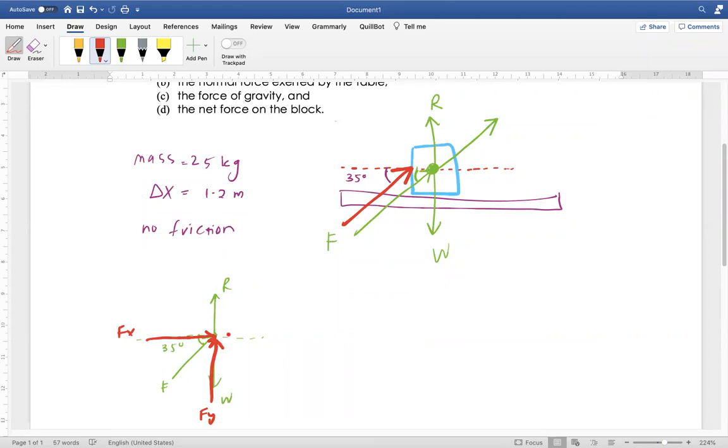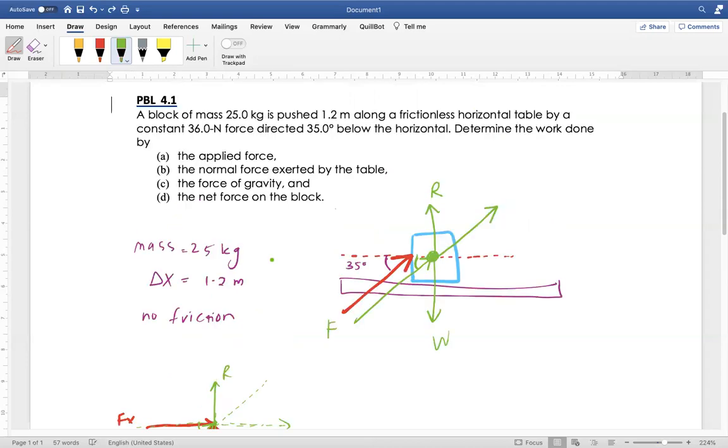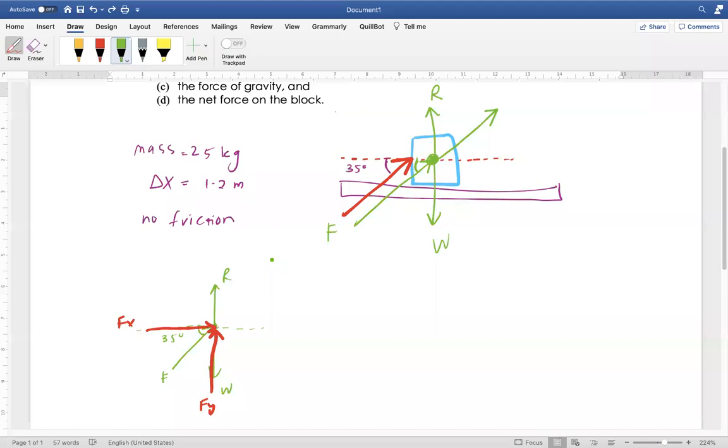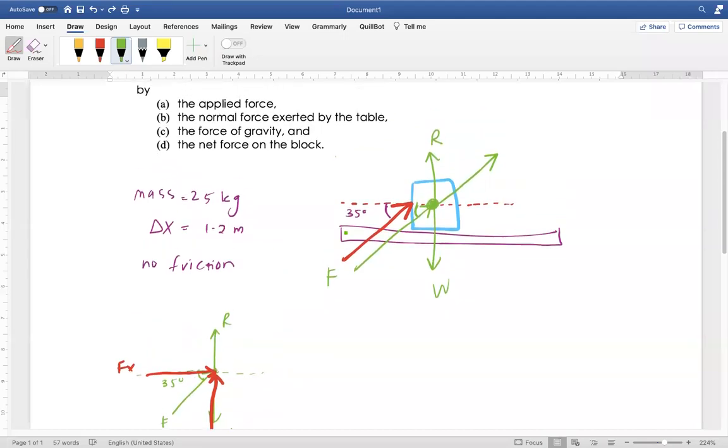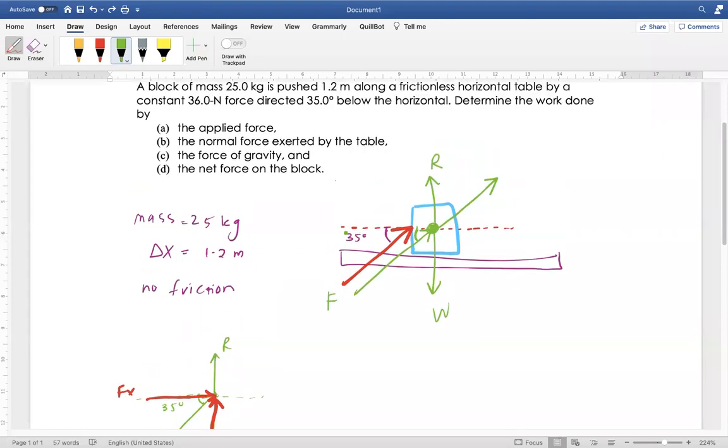If you can't see this, extend it and do the same thing. Resolving this gives me Fx here and Fy here. Boleh juga. Let's clean that up. Okay, now we have our free body diagram. Am I missing anything? Reaction, weight. I think I got everything.